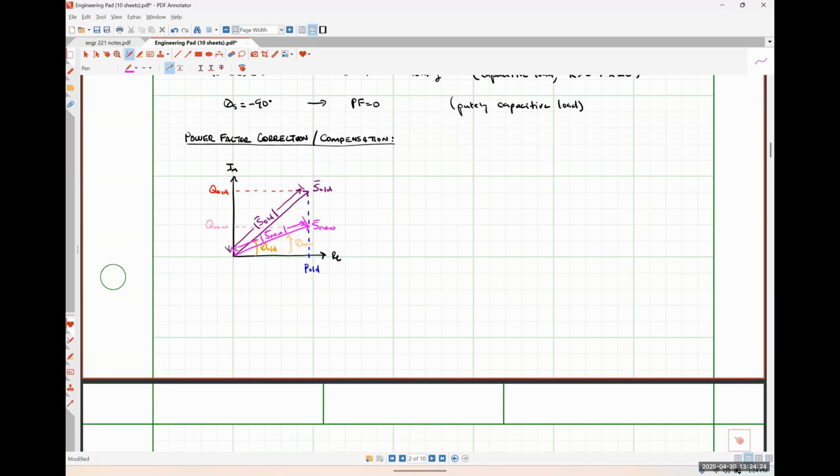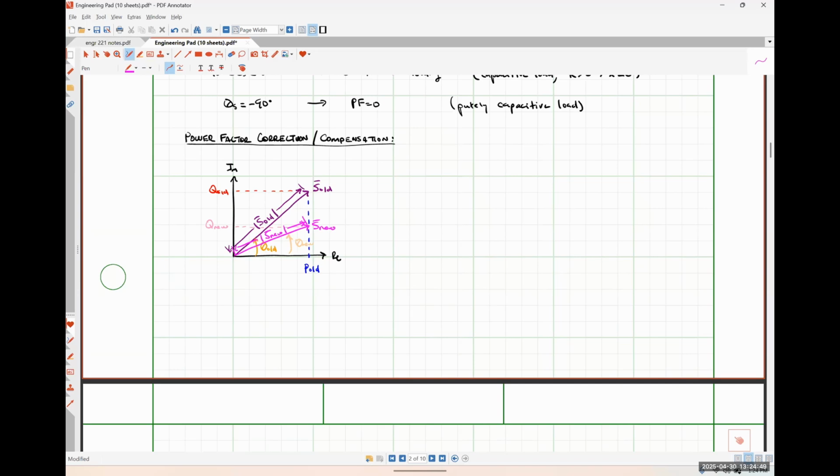Is the magnitude of our corrected complex power S new larger, smaller, or equal to our apparent power S old? So I heard one person say it's the same and one person say it's smaller. It's going to be smaller, right?